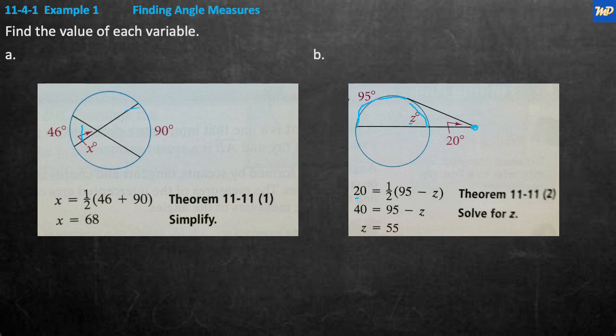Okay? So if the two chords are crossing here, if they're intersecting inside the circle, you add these two arcs right here. If you know them, you can add them and take half of that value and come up with the angle right there.